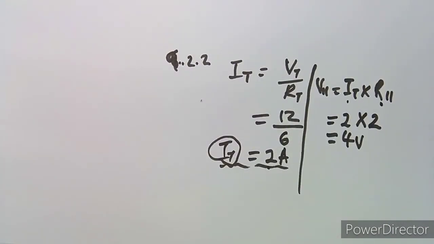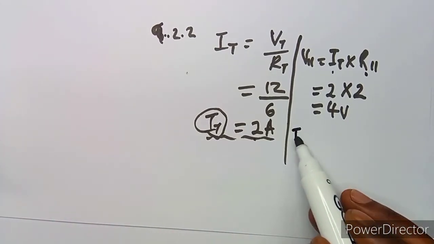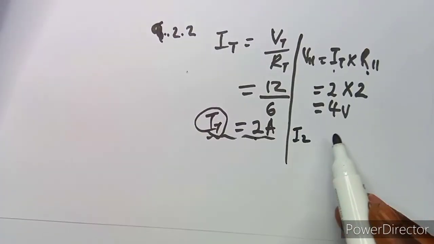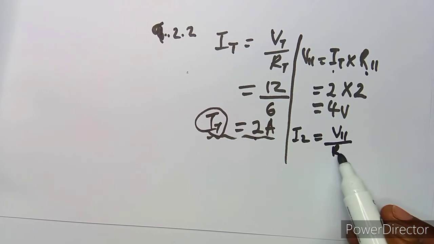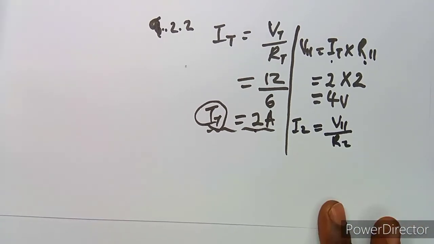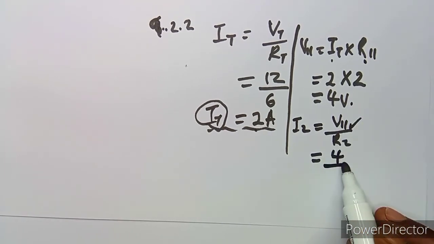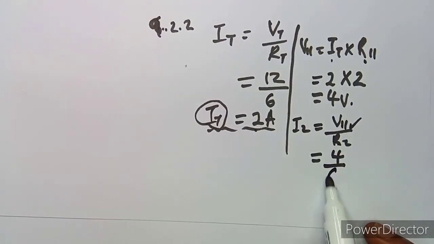I2 is going to be V parallel over R2, because the voltage in a parallel circuit is the same. So V parallel is 4 over R2, which in this case is 6. So it's going to be 4 over 6.